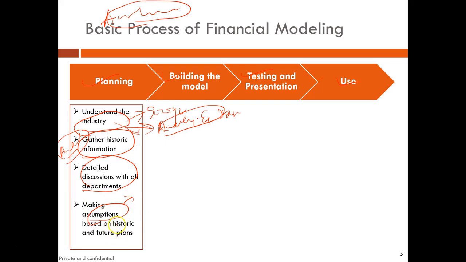Basically, assumptions are the different drivers which help in building a financial model. Let me give you a simple example of an assumption. Say you want to make a projection for the airline industry. In the airline industry, to project, you need to know the assumptions such as by how much of a hike will there be in the selling price of tickets in the next year, or by how much will the ticket price go up.